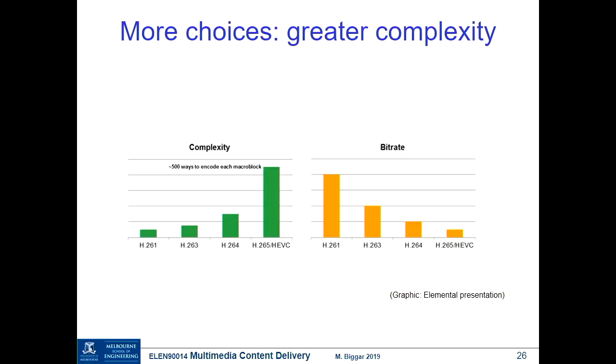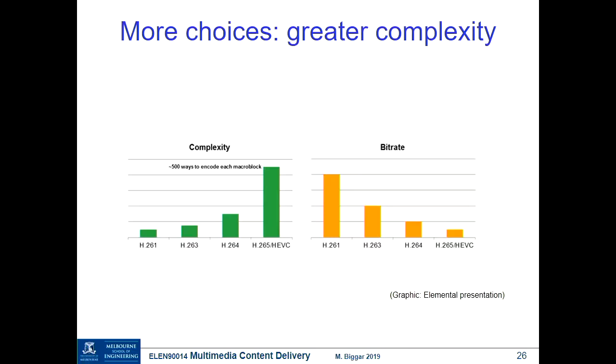Why doesn't the standard tell you that? The decoder doesn't need to make that decision. The decoder just does what it's told. The encoder will tell the decoder this 64 by 64 block will be split up in this quad tree form, and here are the motion vectors.